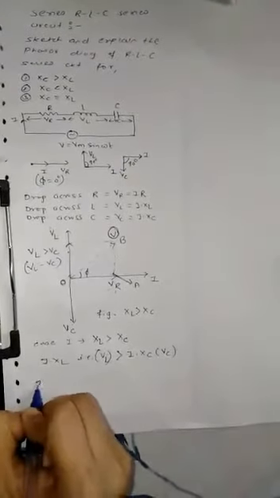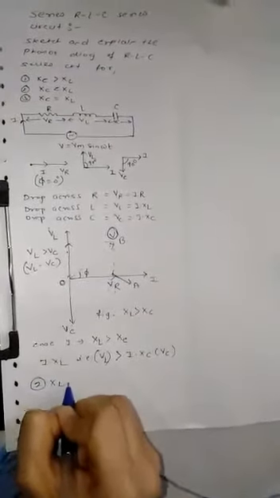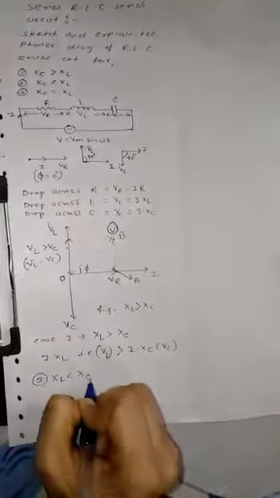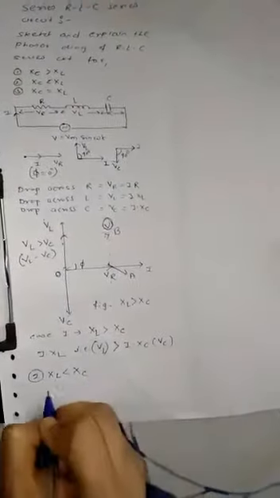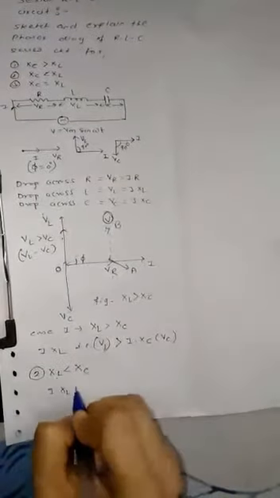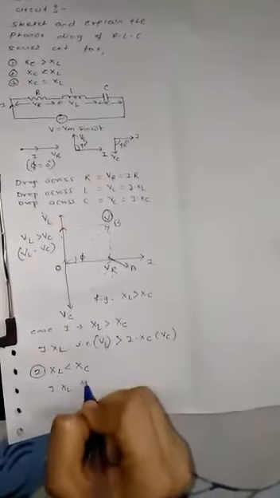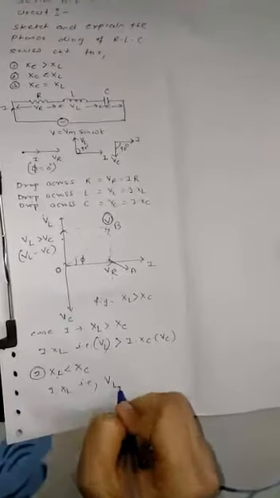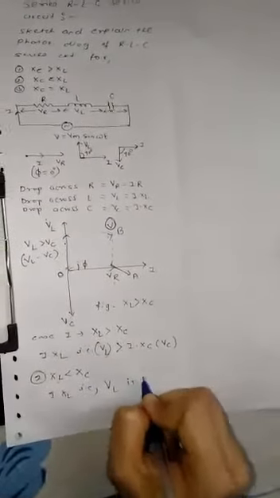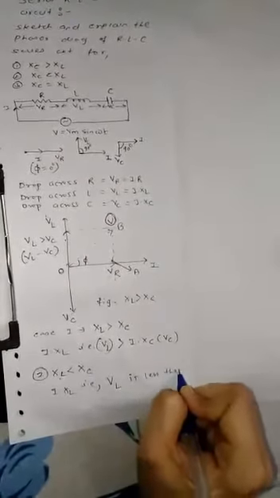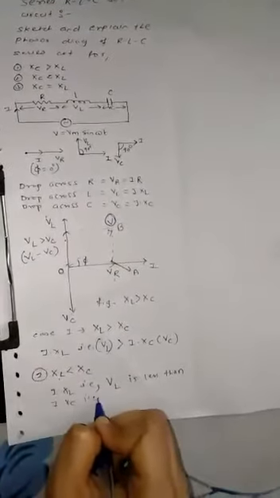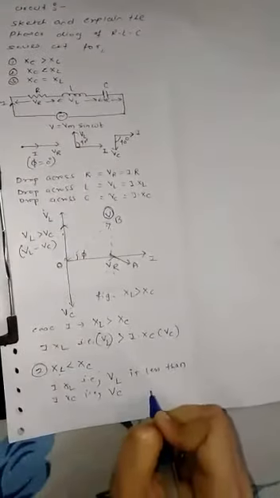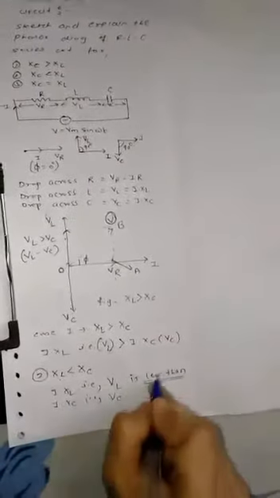Now case number 2: XL is less than XC. When XL is less than XC, the voltage IXL, that is VL, is less than IXC, that is VC.